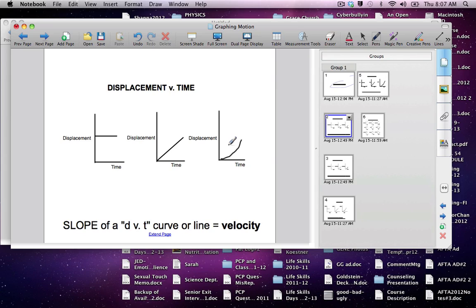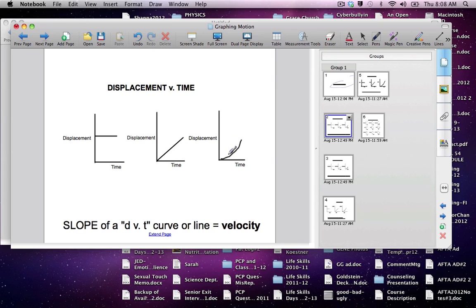What do you think is going on here? By the way, this is supposed to be half a parabola, a smooth curve. My hand got a little wobbly, so excuse the wobbliness. So the first question is, what do we know about the slope of this curve?